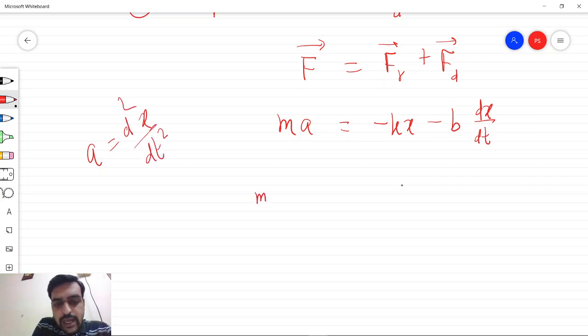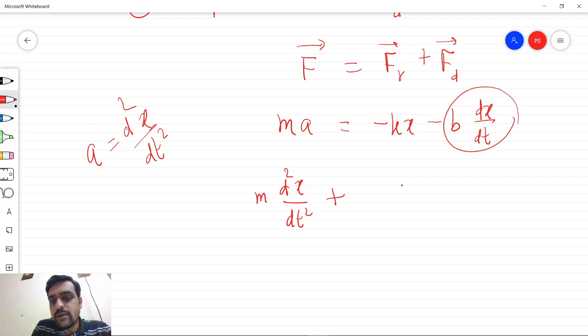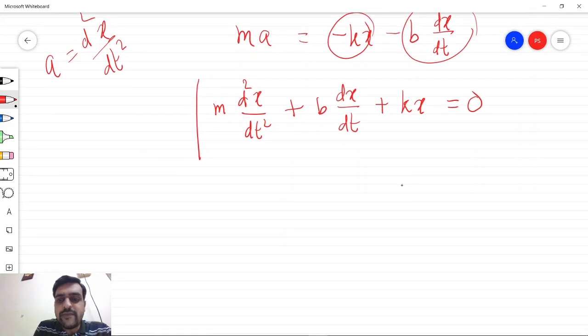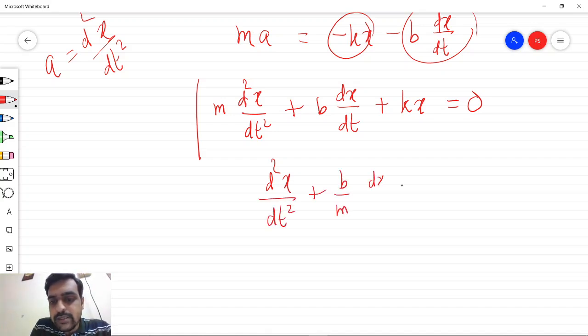So here we have m d2x by dt squared plus, taking this term to the left hand side, b times dx by dt, plus kx equal to 0. This can be simplified if we divide throughout by m, which gives d2x by dt squared plus b by m dx by dt plus k by m x equal to 0.